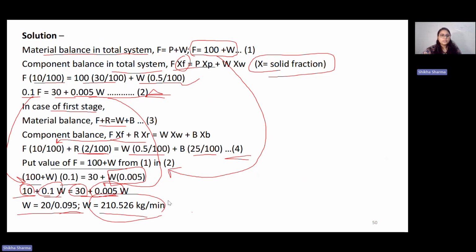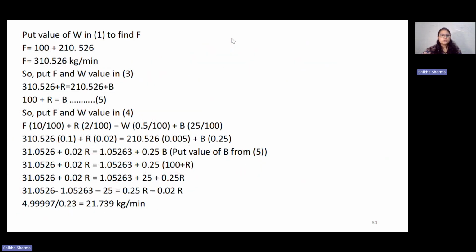So here we calculated W. F would be 100 plus W, which is 100 plus 210.526, so F would be 310.526 kg per minute.